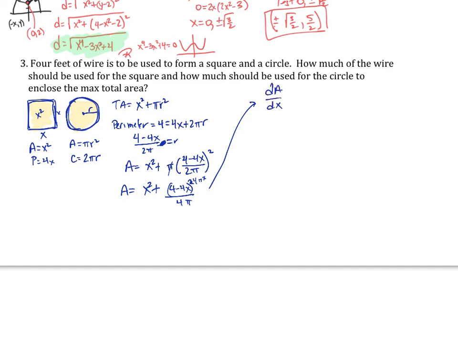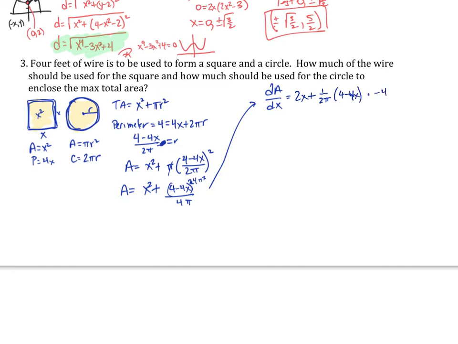It's fine. When I do that, I'll get 2x plus, now remember this is 1 over 4 pi, and that's a constant. So if I multiply that through, I'll get 1 over 2 pi times (4 minus 4x) to the first power times negative 4.